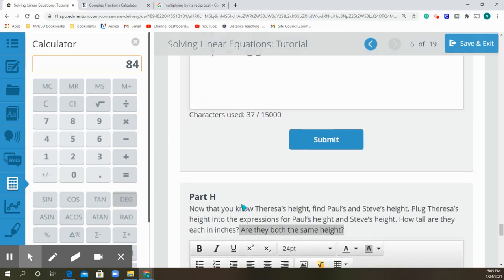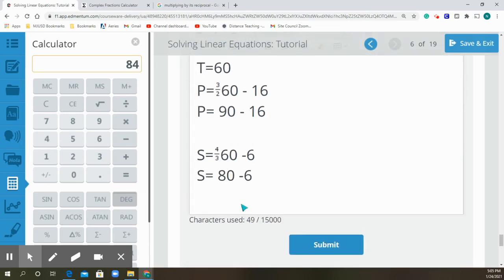Is that right? Is that where we were? I don't know why that jumped up. 90 minus 16, I'm sorry. 90 minus 16 equals 74. So Paul's height in inches equals 74.